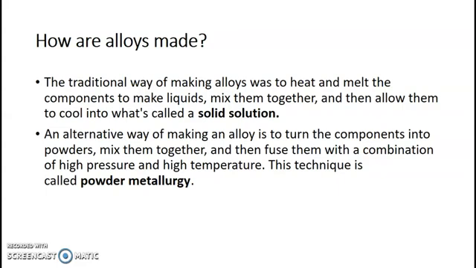Solid solution is the traditional way of making alloys, where the metals and the chemicals are heated and melted to make the components into liquid form, and then we mix them together and allow them to cool so that they form a solid solution. By melting the base metal and alloying elements, we make the liquid phase of the material, and then we allow that liquid to form a solid solution.